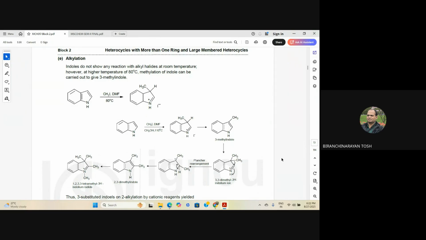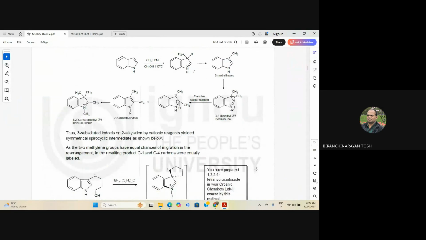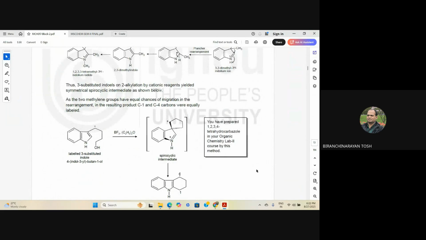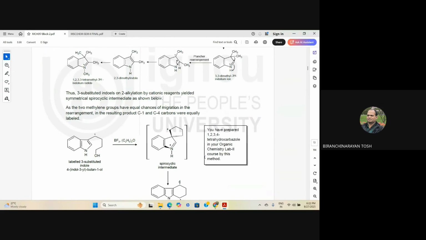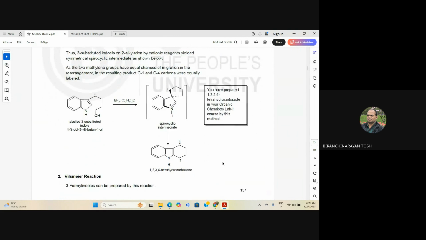However, at a higher temperature, 80 degrees Celsius, methylation of indole can be carried out to give 3-methylindole. Thus, a 3-substituted indole on 2-alkylation by a cationic reagent yields a spirocyclic intermediate, which leads to 1,2,3,4-tetrahydrocarbazole.